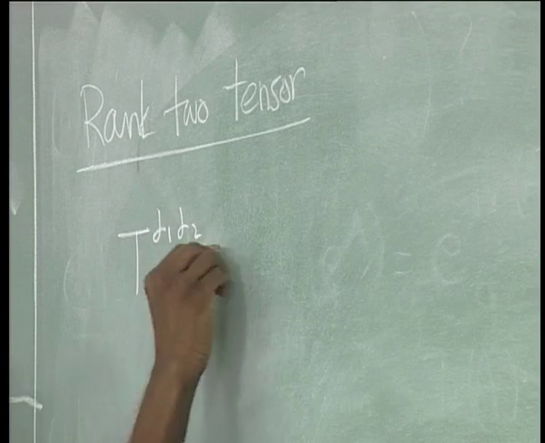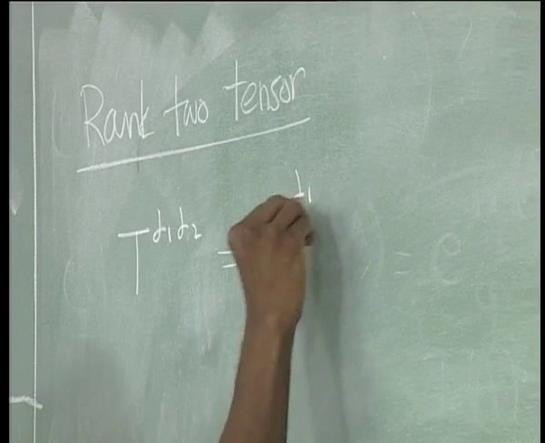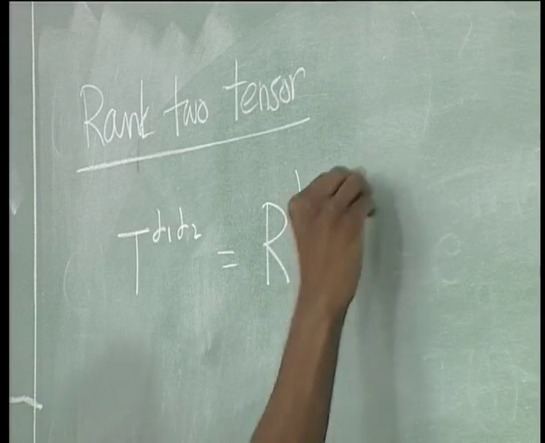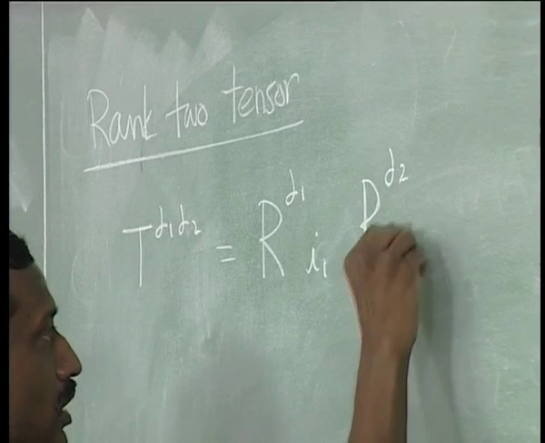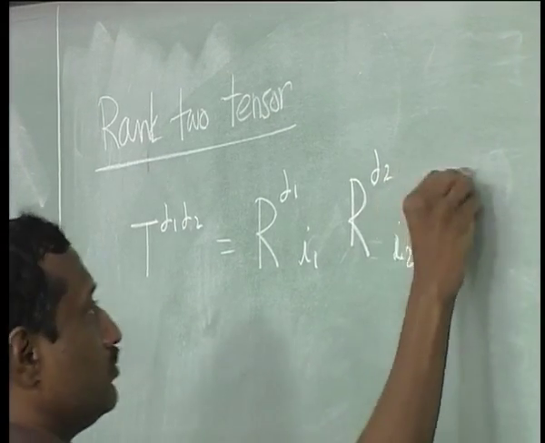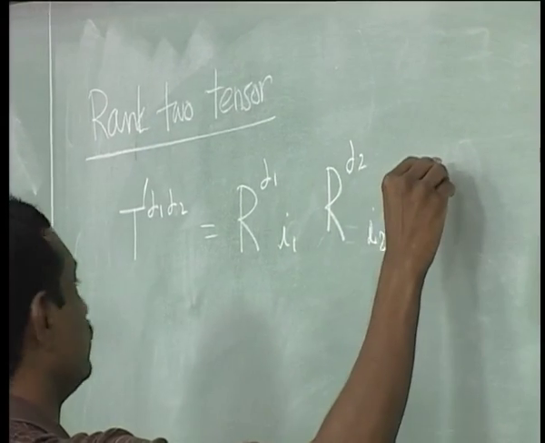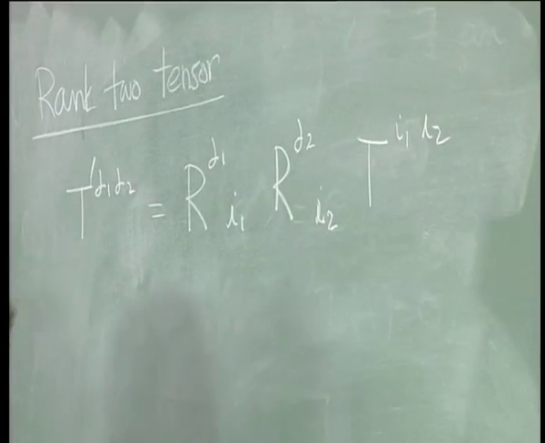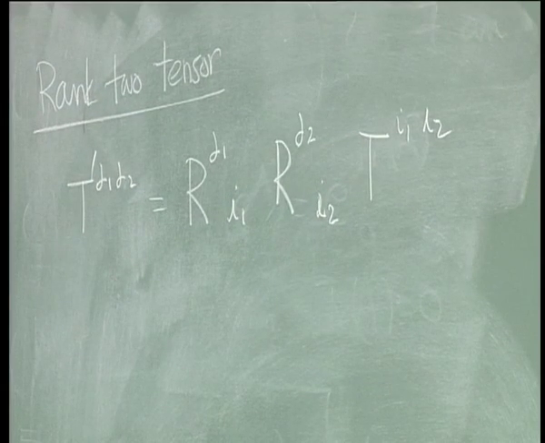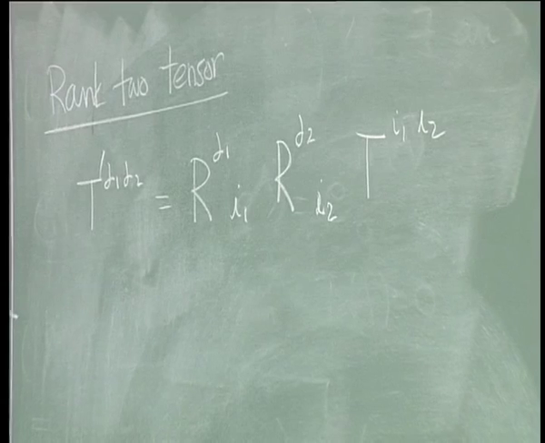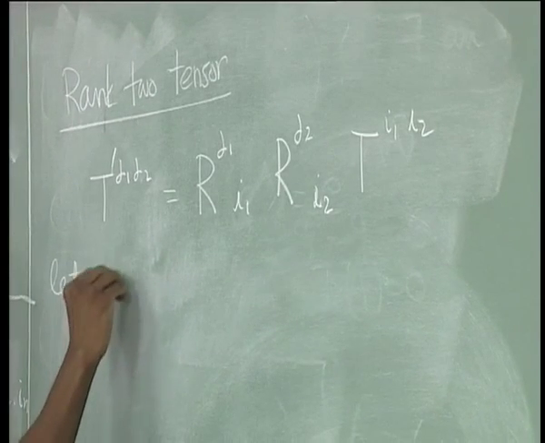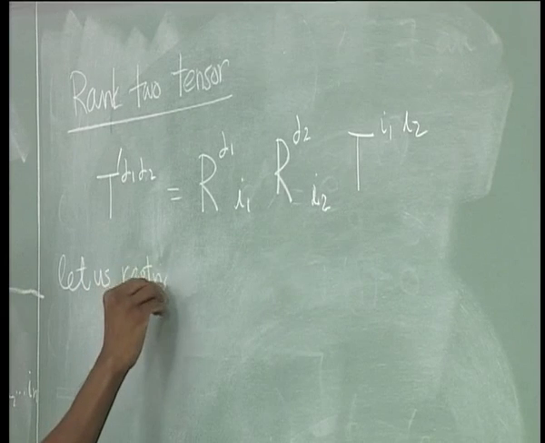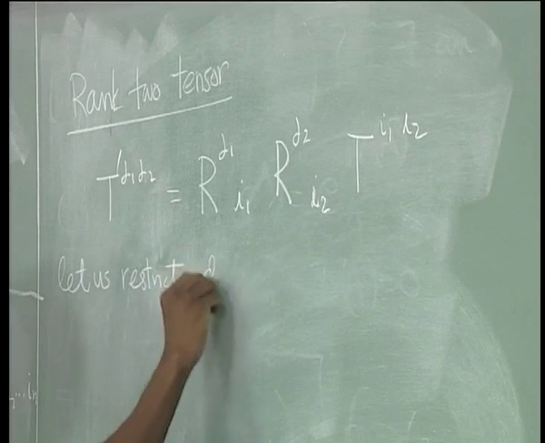I am just rewriting this. Okay. And just for simplicity, let us restrict D to be 3.